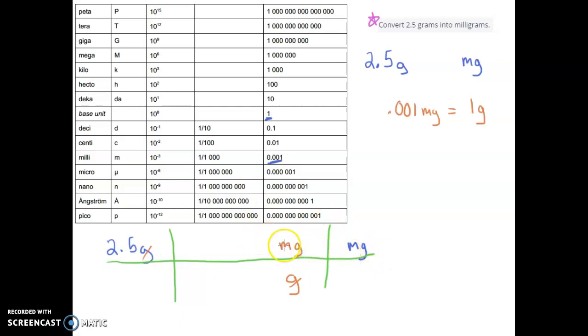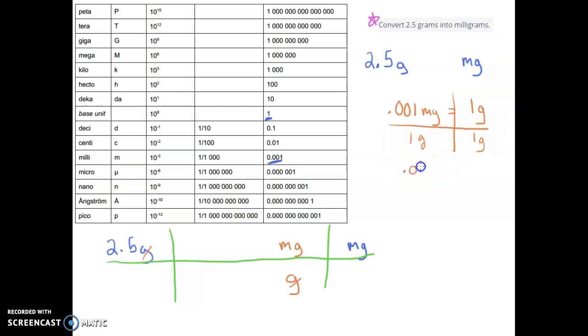Now, there's actually a way to do this. We can only multiply by 1, otherwise we're changing the number. But because we have this equality here, that 0.001 milligrams equals 1 gram, if I divide by 1 gram on each side, that's valid.